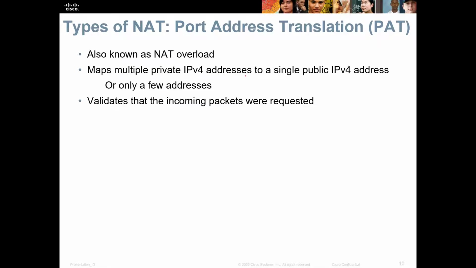So if I only have a few addresses, it validates incoming packets. It validates that they were requested. Okay, so this is all going to be tied back to how are we going to assign multiple to a single. All right, we need some way to differentiate.